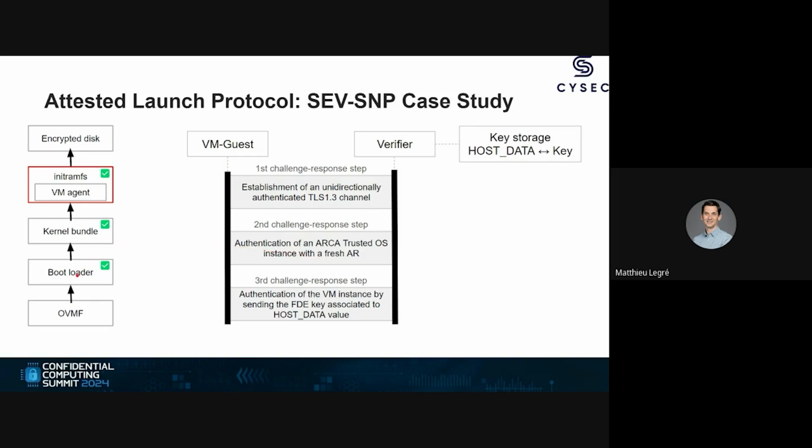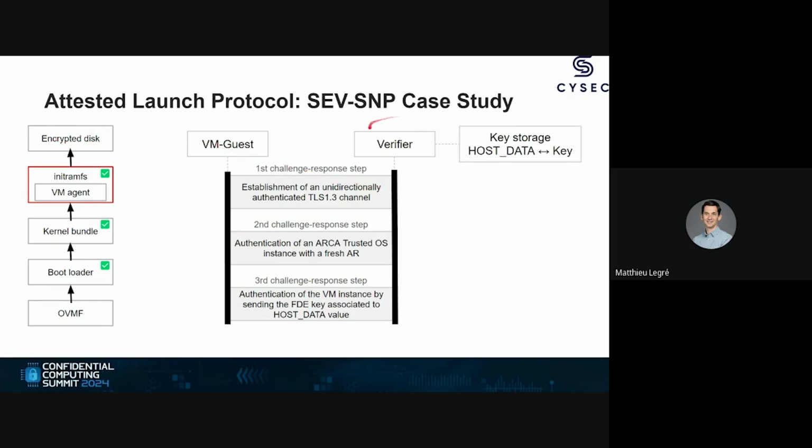So this means that all the pieces of software, OVMF, bootloader, kernel bundle, and initramfs, the verifier knows that they are of integrity. But still, at this stage, the verifier doesn't know if it is talking to the Arca Trusted OS it prepared before. And the preparation step goes with the disk encryption.